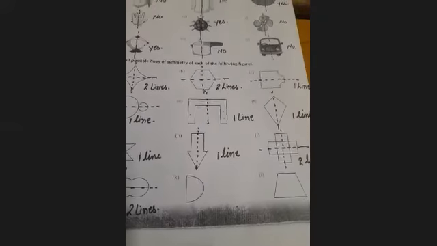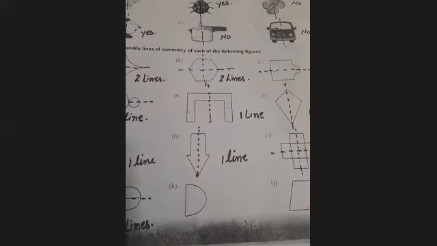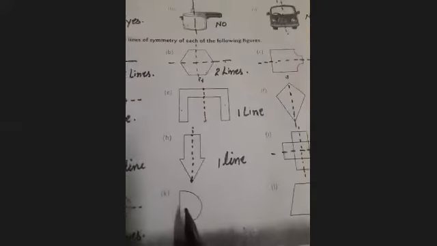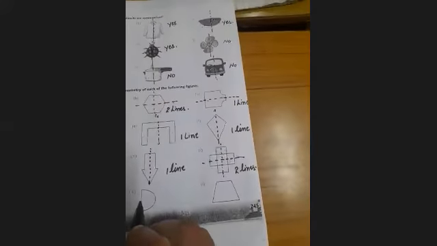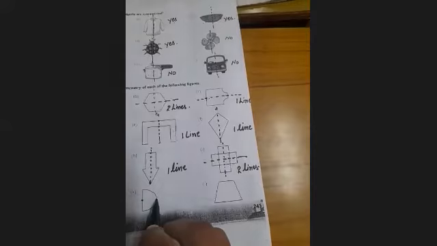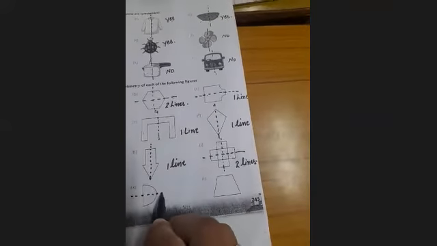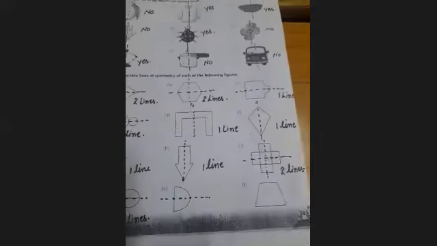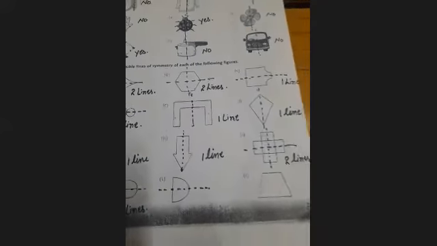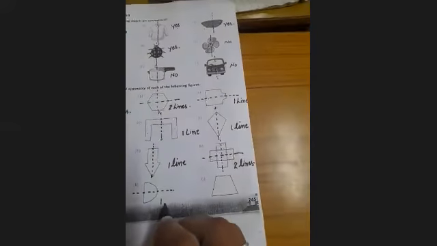Next is part K. This is a semicircle. So divide this figure into two equal parts. Draw a symmetry line at center. Again, we have one line of symmetry.